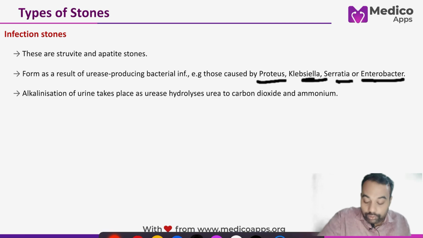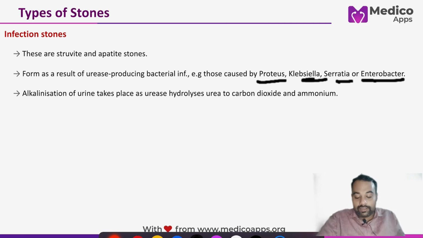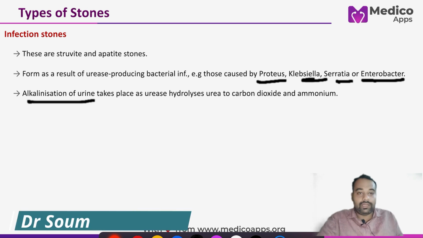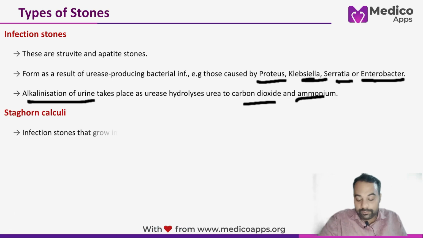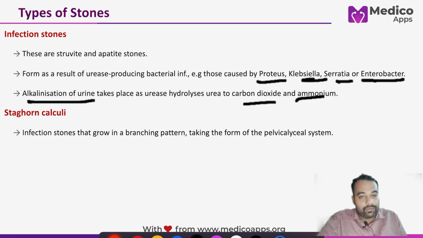They are associated with urea hydrolysis. As a result, there is alkalinization of the urine and also formation of ammonia and carbon dioxide. This alkalinization is associated with much higher chances of stone formation.